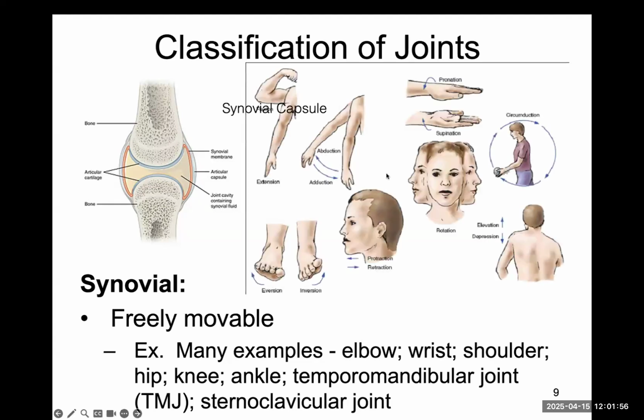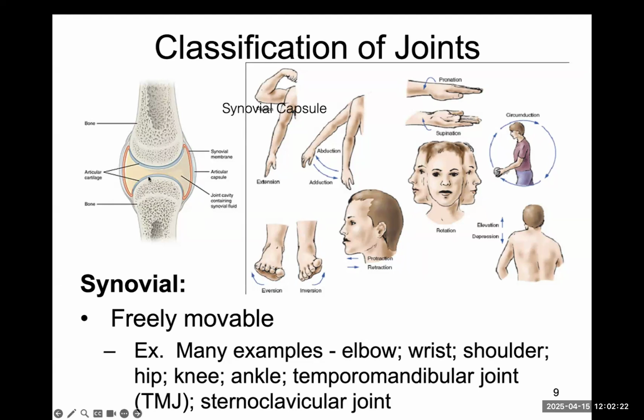Another one is the sternoclavicular joint. This is just showing the movements you can do with some of the synovial joints, and we'll go over this at the end of the lecture, or maybe next video. When you move your arm up and down, you can feel between your clavicle and sternum that's connected there.